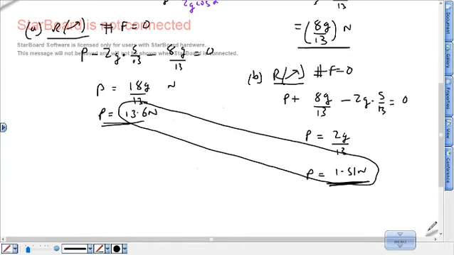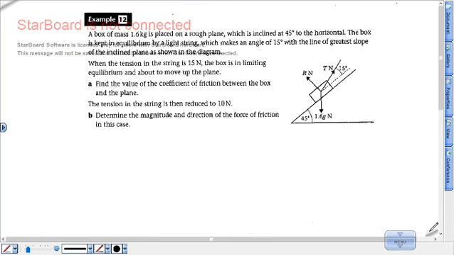Okay, over the page. A box of mass 1.6 kilograms is placed on a rough plane which is inclined at 45 degrees to the horizontal. The box is kept in equilibrium by a light string which makes an angle of 15 degrees with the line of greatest slope of the inclined plane as shown in the diagram.